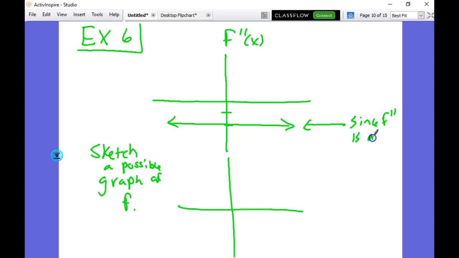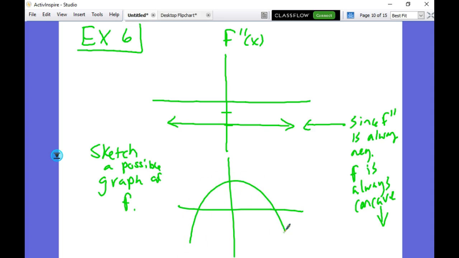Since F double prime is always negative, F is always concave down. So, what kind of a shape would always be concave down? A parabola, right? There we go. That's the best we're going to do. We don't know anything about where it's located. We don't have any idea about how wide it is. We just know it's got to be an upside down parabola-ish shape.